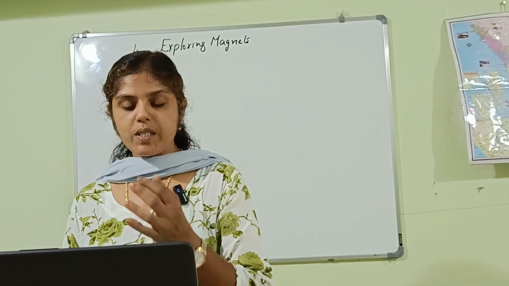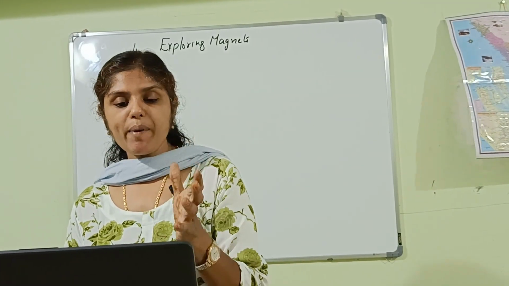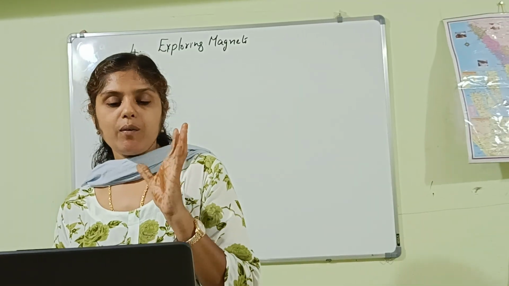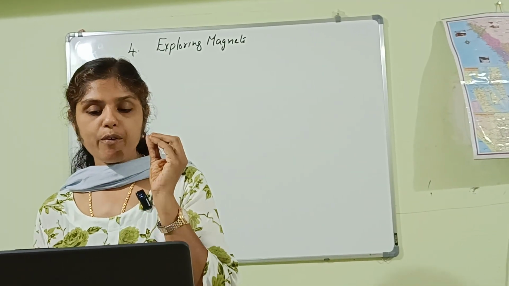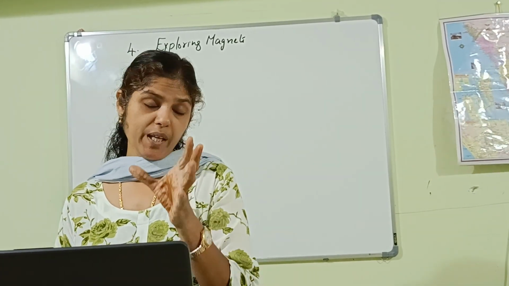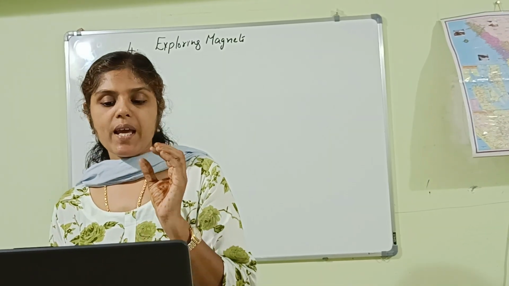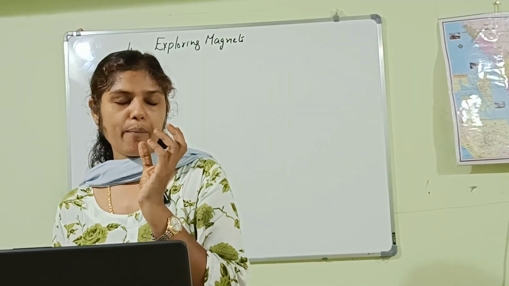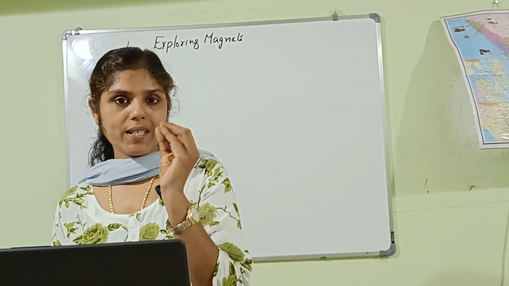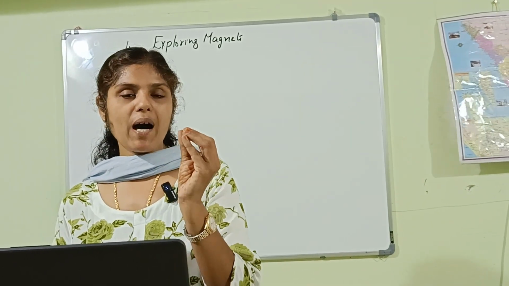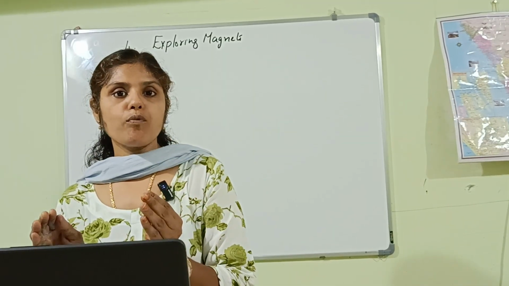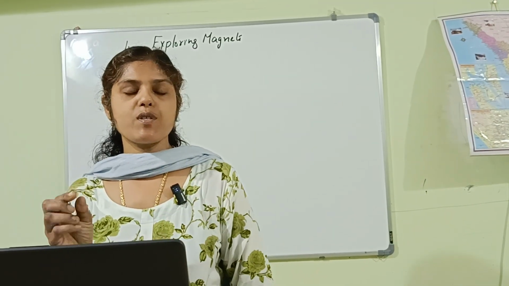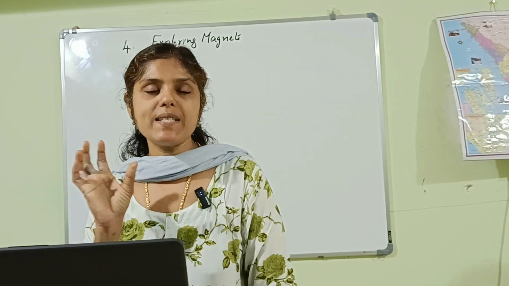In the next activity, a magnetic compass and a bar magnet are kept closer. Then is there any deflection in the compass needle? If the compass needle deflects and moves away from the bar magnet, then you have to understand that the pole of the bar magnet and the pole of the needle are the same.